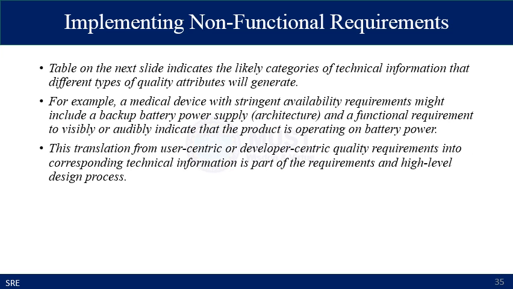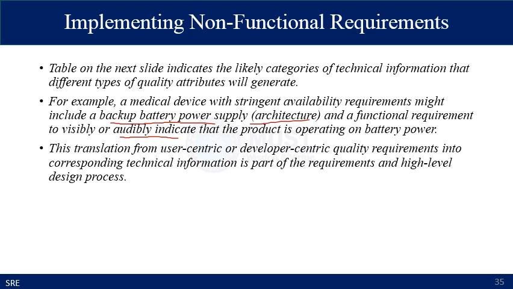So as an example of implementing non-functional requirements, a medical device with stringent availability requirements might include a backup battery power supply, which is referred to the architecture, and a functional requirement to visibly or audibly indicate that the product is operating on the battery power, which is again a functional requirement.